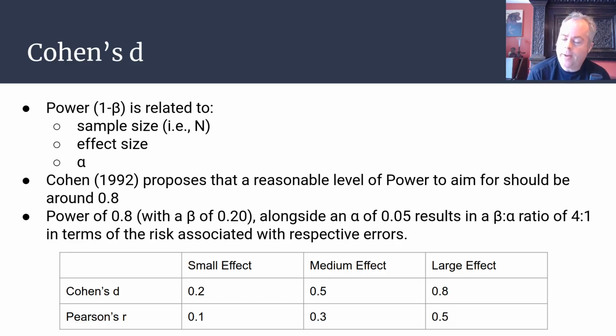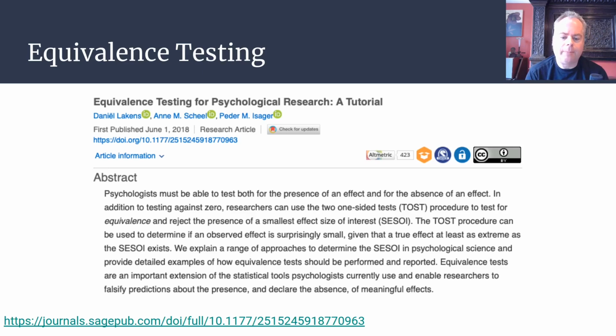So you could base your effect size estimate on previously published research, but bearing in mind the fact that previously published research estimates of effect sizes are likely to be overestimates. So you might want to think about trying to power your research to detect a slightly smaller effect size than has been reported in the literature previously.